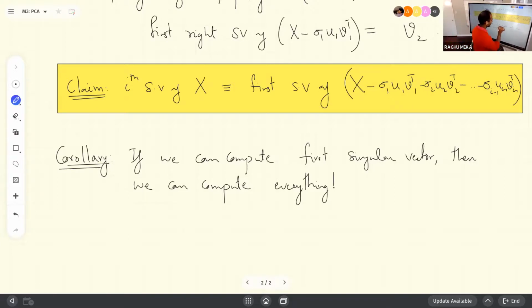If I can compute the first right singular vector even, then I can compute sigma 1, then I can compute u1, then I can compute X minus sigma 1 u1 v1 transpose, and then I can iterate this process to compute all of the singular values and singular vectors. Okay? Any questions about this? So this is a greedy way of doing this computation where I compute the singular values one after the other.